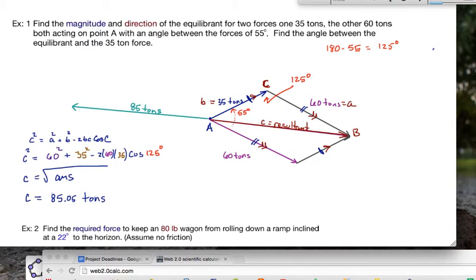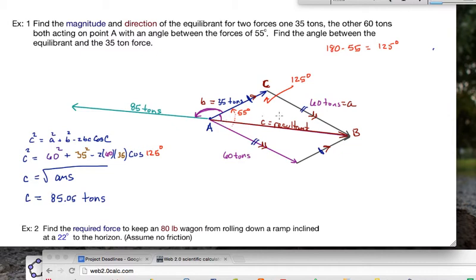So what would that be? Here's the 35-ton force, so it's asking for that angle right there. How do we get that angle? Well, I know this angle and this angle are 180. This is a linear pair right here. So I need to find this angle.